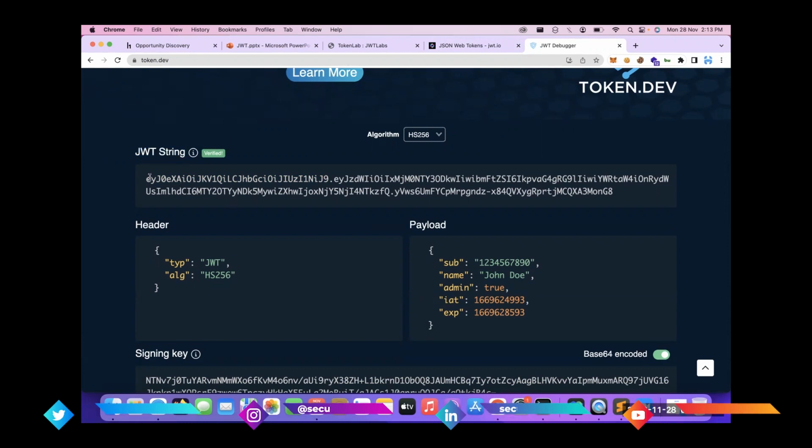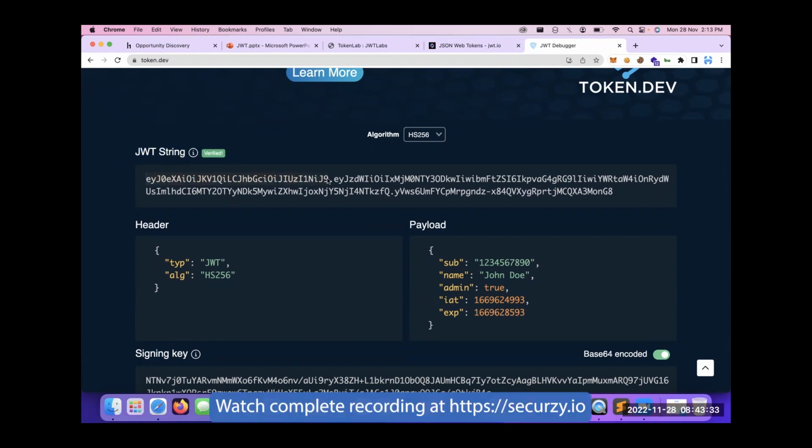You can see over here, this is the first part, and then you can see a dot. This is the second part, and then you can see this is the second part till here, and you can see a dot over here. And this is the third part till here. We can also notice that our JWT token starts with EY. Perfect. This is what we have learned so far.